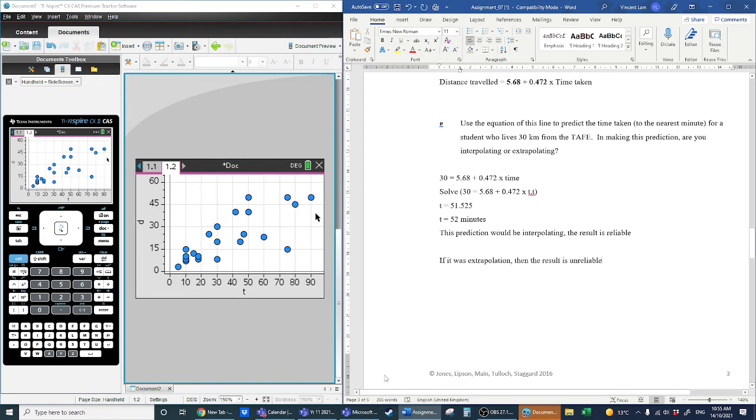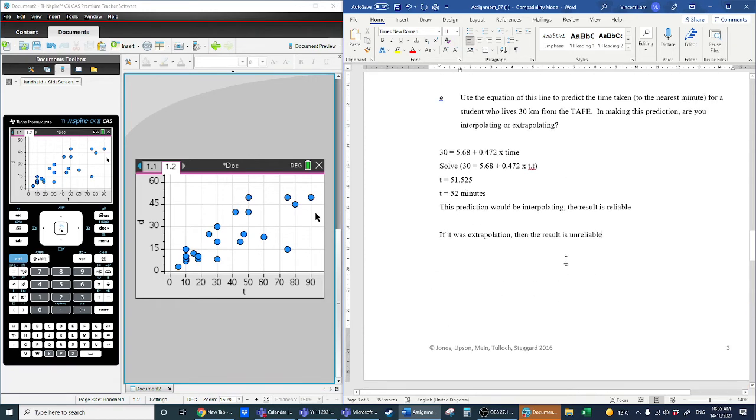Whereas if we're predicting within our data set, then it will be more reliable. I know the question doesn't say whether it's reliable or not, but you may get one in the SAC, so you better know how to answer those questions. And this same question comes on the Year 12 exam pretty much every year, so it'll be a good habit to see those now.